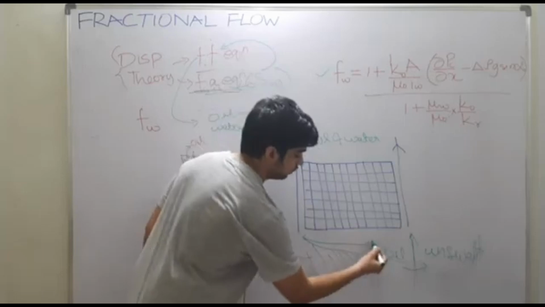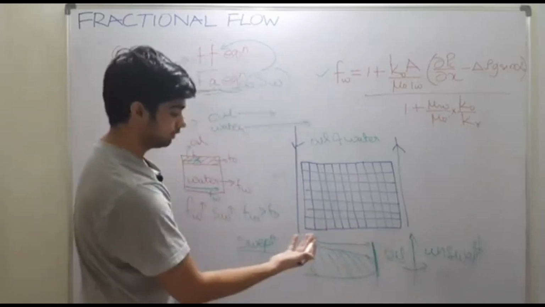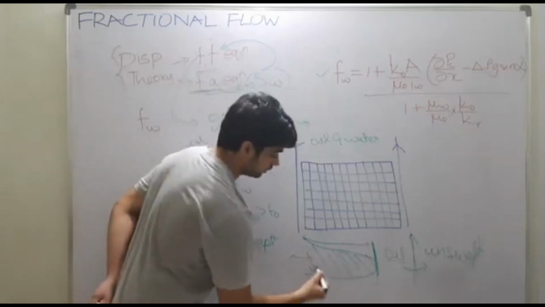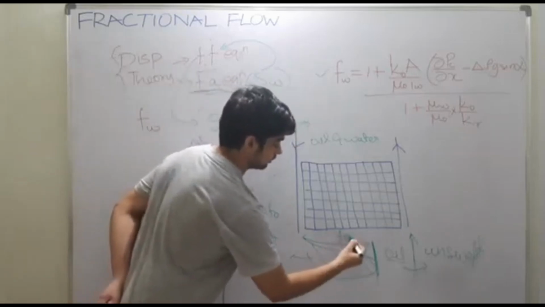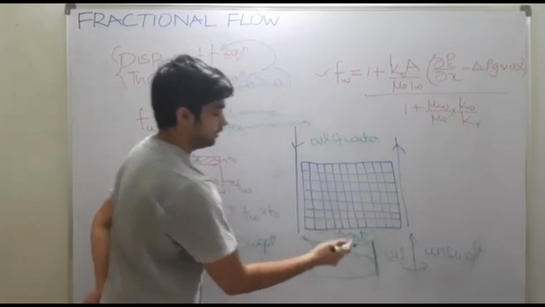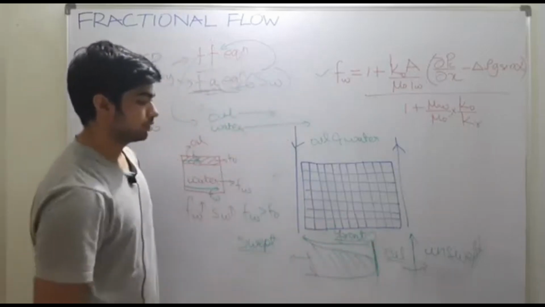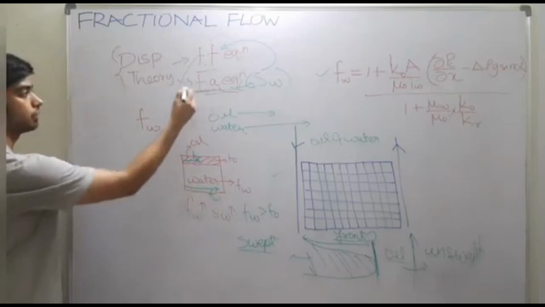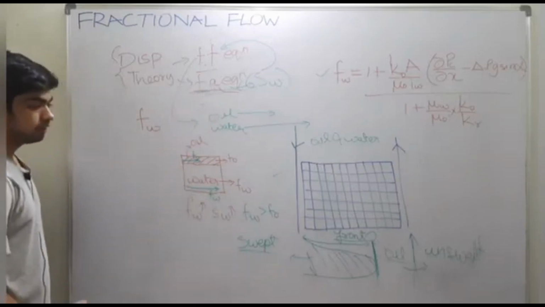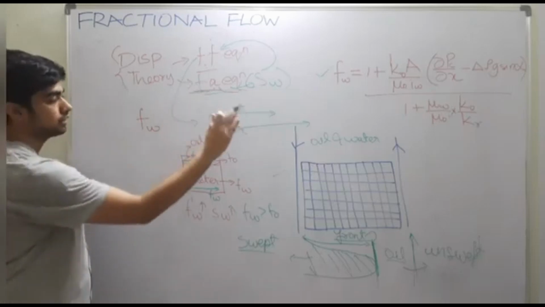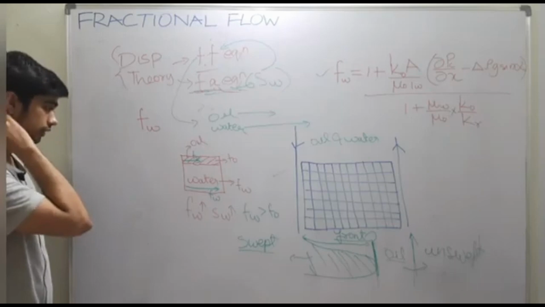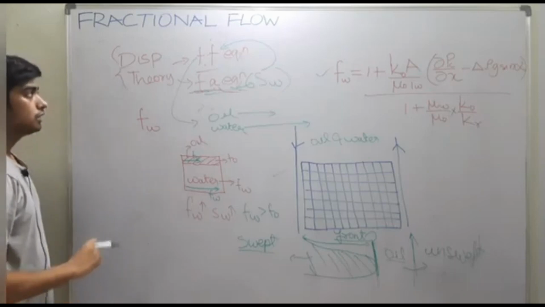And this particular portion which divides both of these regions is called the front. We will do the mathematical analysis of each of these portions once we discuss the Frontal advance equation. So the advancing of the front is explained by the Frontal advance equation.